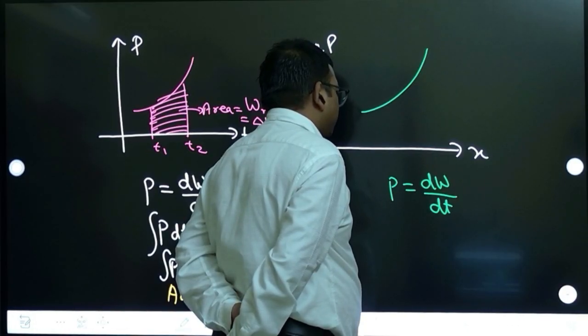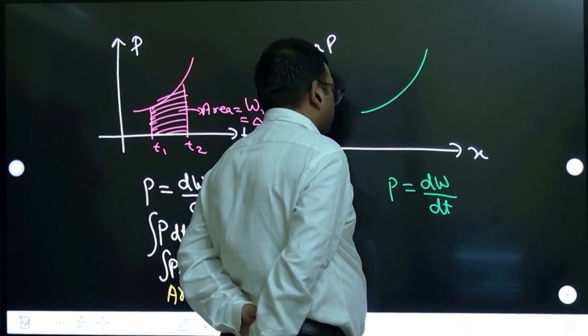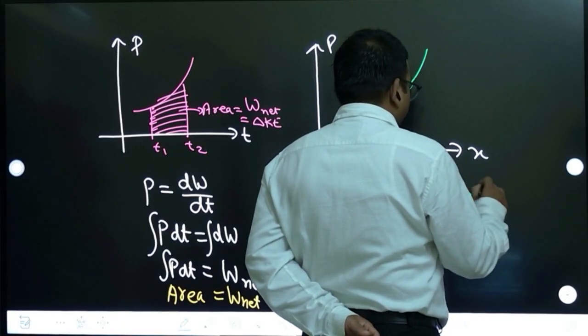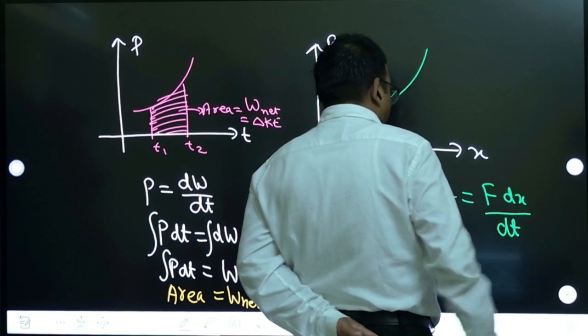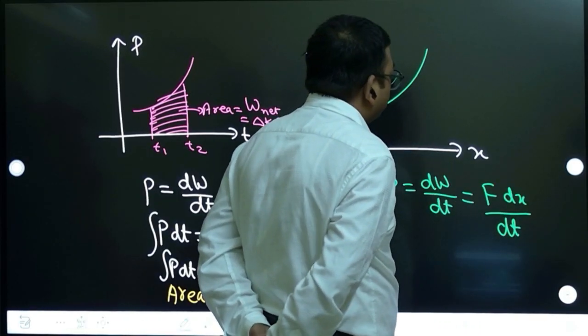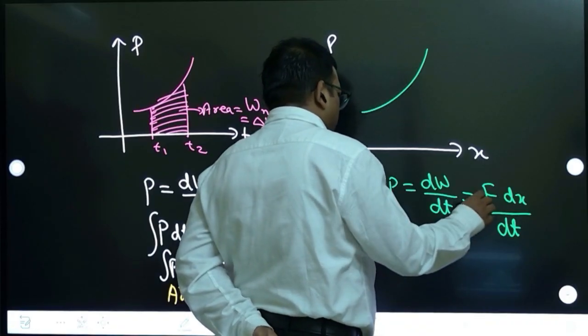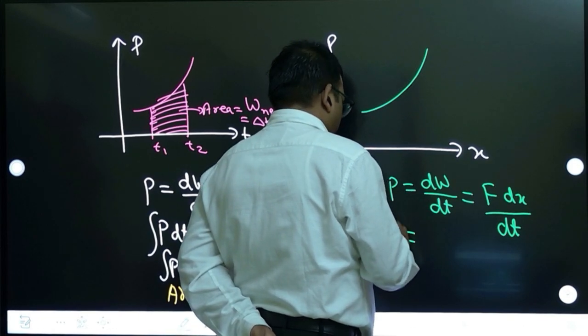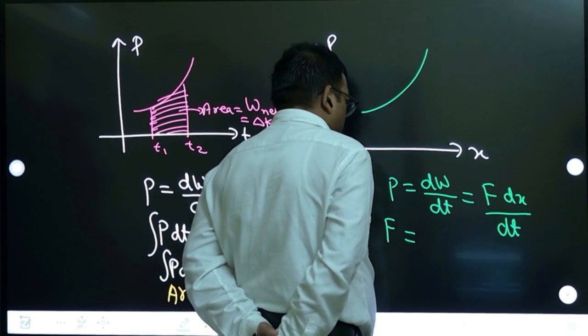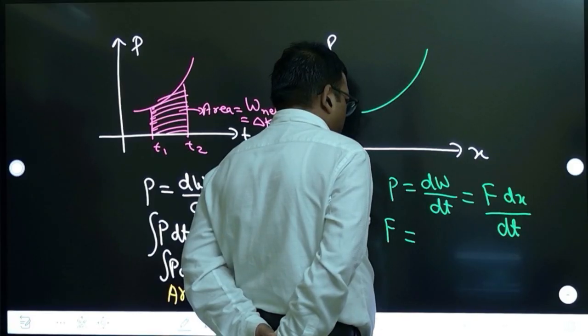But I want to write it in terms of dx. Suppose I write this as force into dx by dt. I want to keep the dx term.